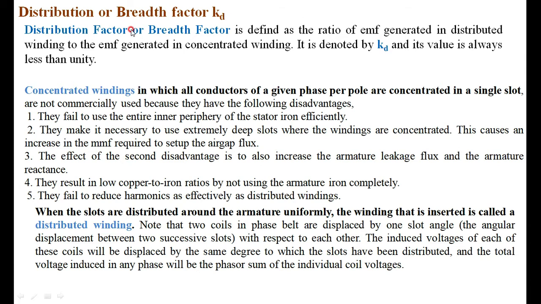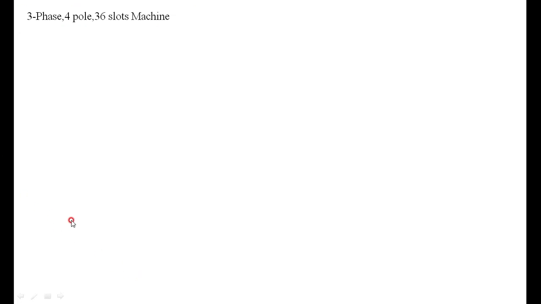The same thing is defined here: the concentrated winding is one in which all the conductors of a given phase per pole are concentrated in a single slot, whereas in the distributed winding, when the slots are distributed around the armature uniformly, the winding that is inserted is called the distributed winding. We can elaborate with the help of one small numerical example here.